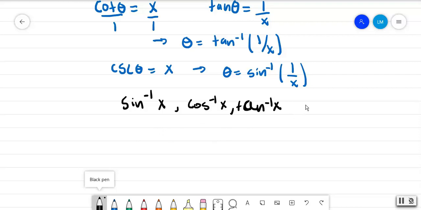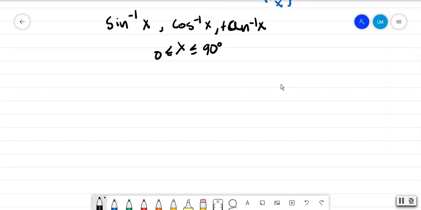All these functions are going to return you an angle that's between 0 and 90 degrees. Meaning that right now we're just restricting to the first quadrant. However, just think ahead, what if we didn't have that restriction? Then that's where things get a little messy.